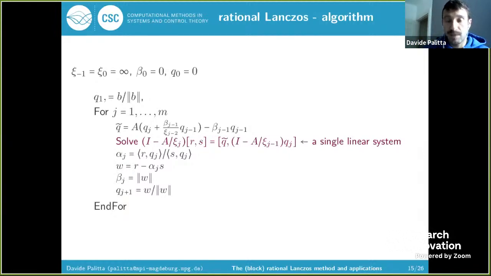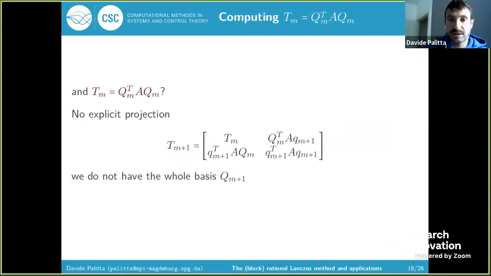But if you remember, the second tool we are interested in is also the projection of A onto the subspace. And in rational Arnoldi, we basically compute an explicit projection. So again, we need the whole basis to accomplish this task. If we wanted to compute an explicit projection, we would need to compute something like that.